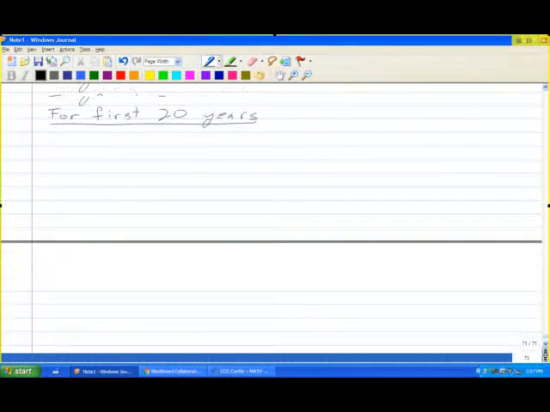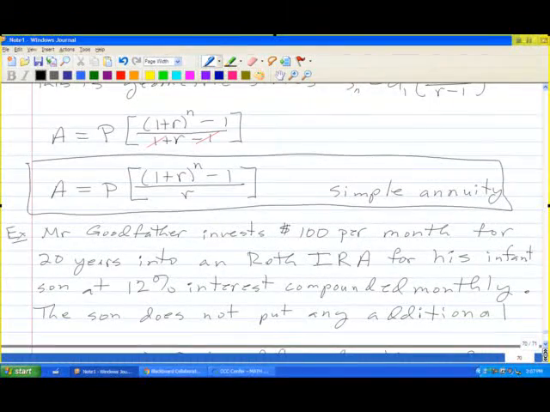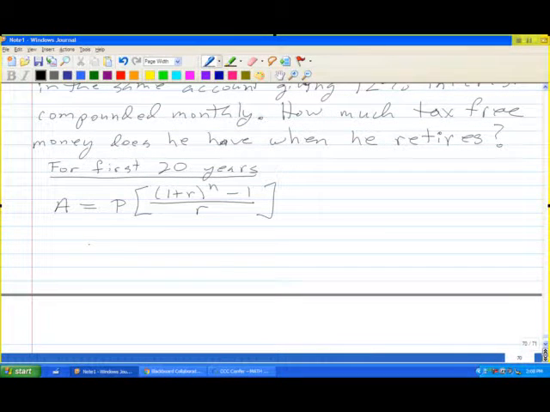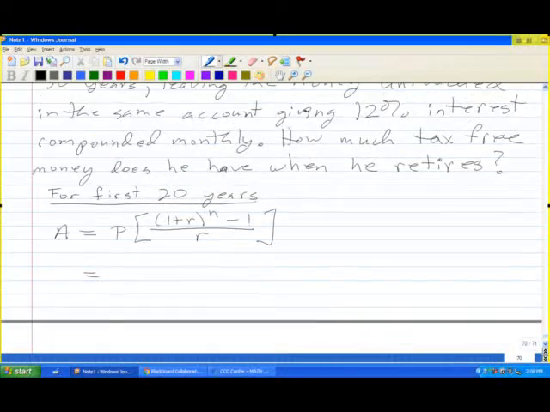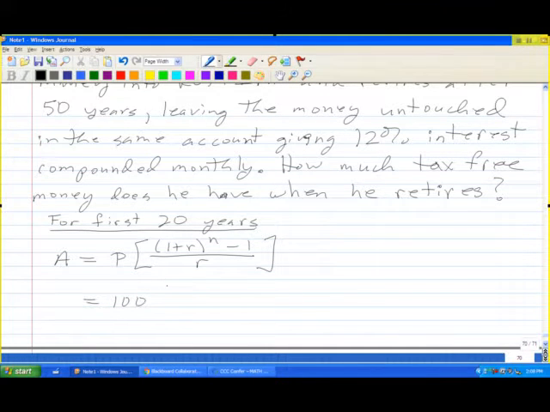Okay. So the amount is equal to P times 1 plus R to the N minus 1 over R. And that's the formula we have here for a simple annuity. So every month he puts in $100. The interest rate is 12% per year, compounded monthly, so every period is just 1% interest.